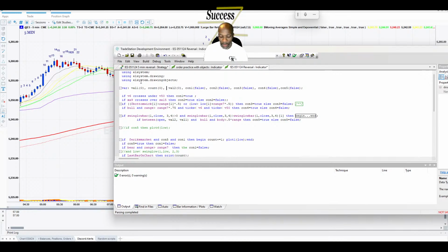So we're going to do TL, text label. And then at the beginning of the chart, we're going to do once. We're going to say that needs to be a new text label added to the chart.